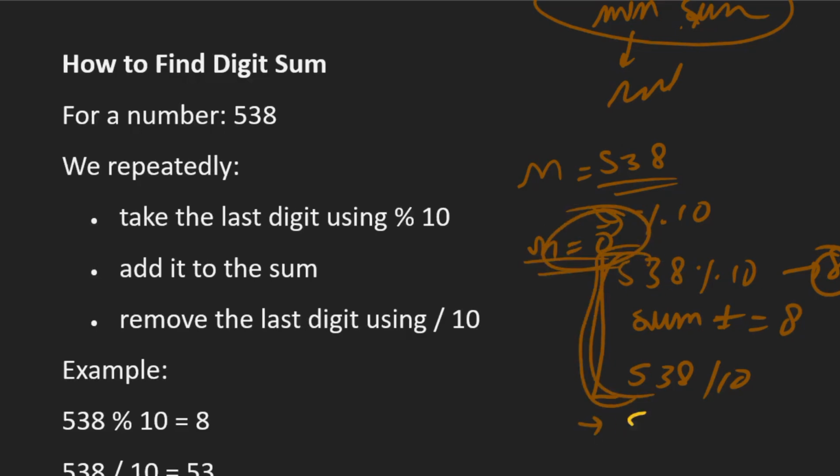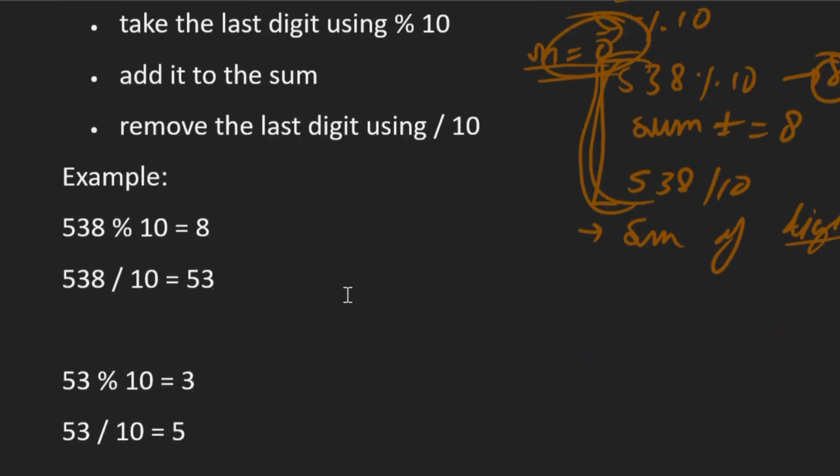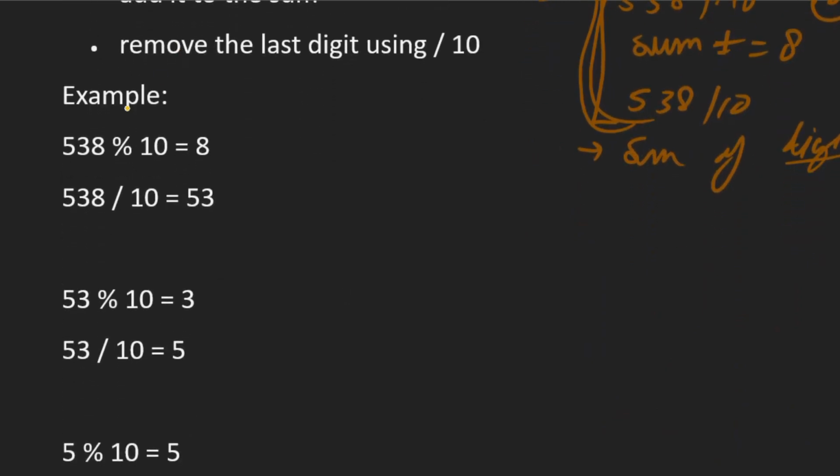This loop will give us the sum of digits, right? So let's see this example. See, 538 modulo 10 will give us 8. Initially sum is equal to 0, so sum plus 8 will become 8. Then we divide it by 10, it will become 53.